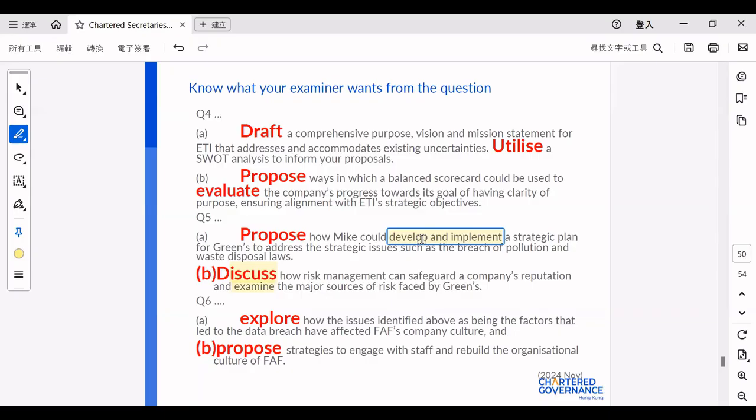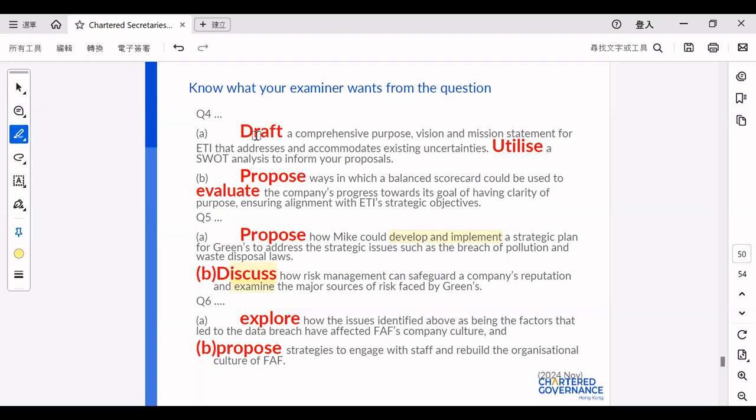So you have to bear in mind that it's not just simply reciting model things, but it is a more complicated thing that you need to apply to the case problem. And if you cannot do that, if you cannot give something practical, you cannot explain it in terms of this SWOT analysis, you won't get good marks.